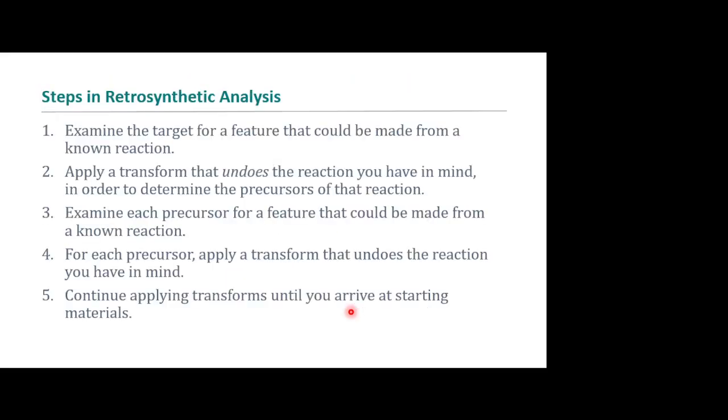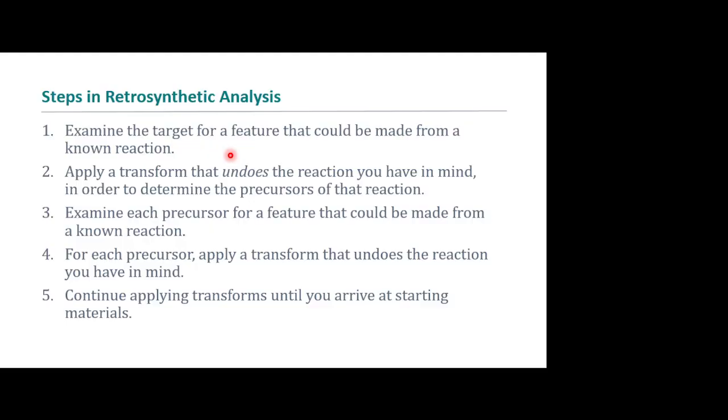Okay, so let's look at the steps for those retrosynthetic analyses. You're going to examine the target for a feature that can be made from a known reaction, something you know. Your tool set here is going to be as limited as the reactions you know. You kind of have the basic mechanisms and sets of reactions within those that will help you work as your tools here.